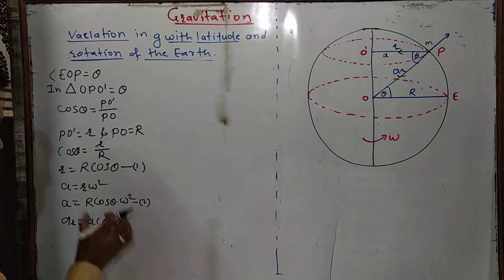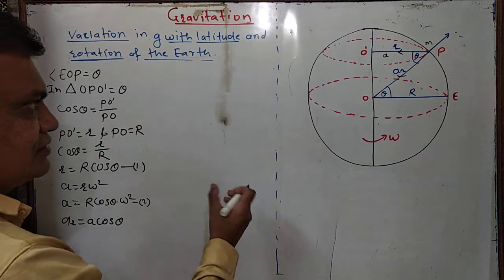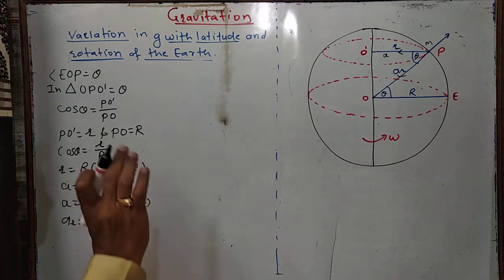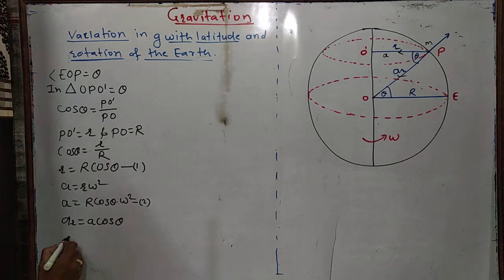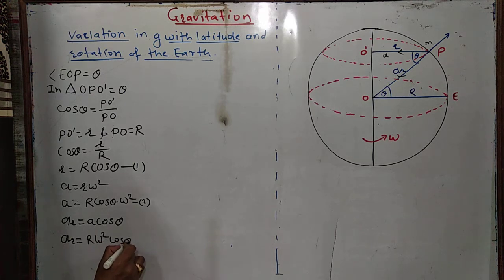Substituting the value of a from equation 2, a_R equals R omega square cos theta into cos theta. Therefore, a_R equals R omega square cos square theta, equation number 3.